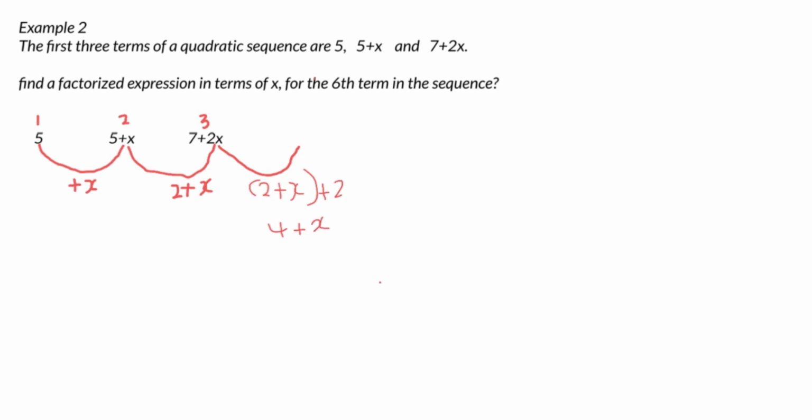So now this difference, we're going to add it to what we have here, our 7 plus 2x, to get our 4th term. So how do we do that?